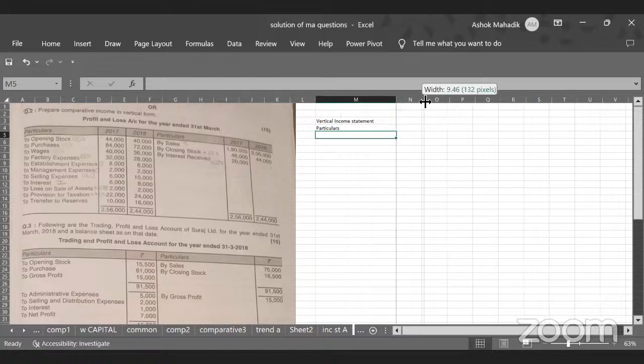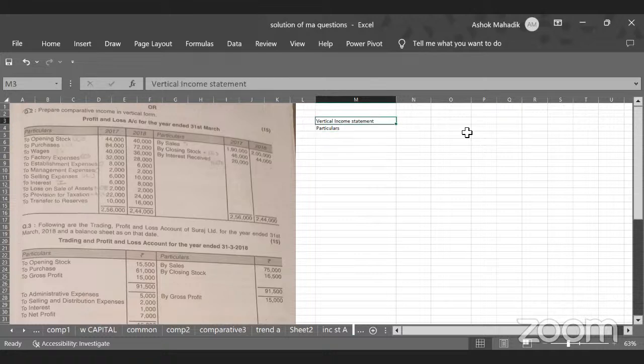Then amount, two amount columns also we will keep. But we'll solve only for 1 year, either 2017 or 18. I'll do it for 17. Later on, I'll show you how to do it if it's a comparative sum. First, I'll do ratio analysis. Particulars, amount, and amount.